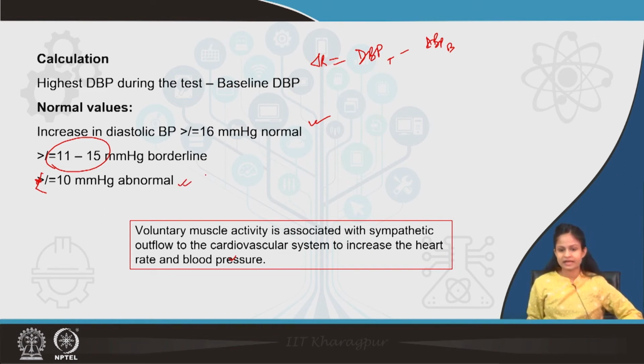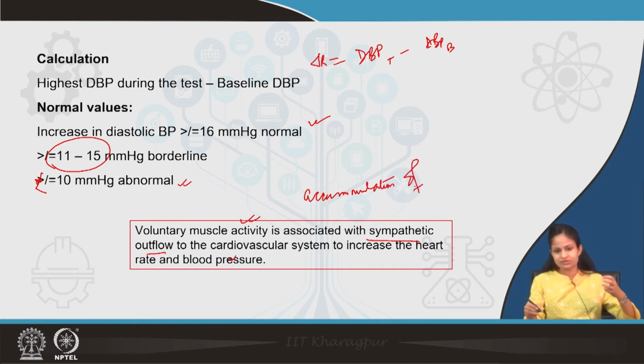Now, why is this happening? The physiological basis is the voluntary muscle activity, as I told you, that is associated with the sympathetic outflow to the cardiovascular system, which causes the increase in the heart rate and hence the blood pressure. The diastolic blood pressure is increased because of the accumulation of various metabolites.